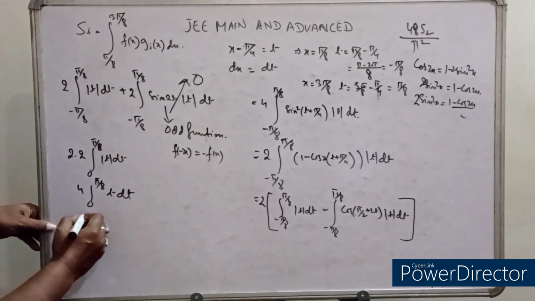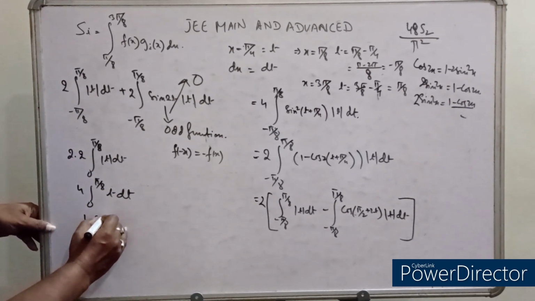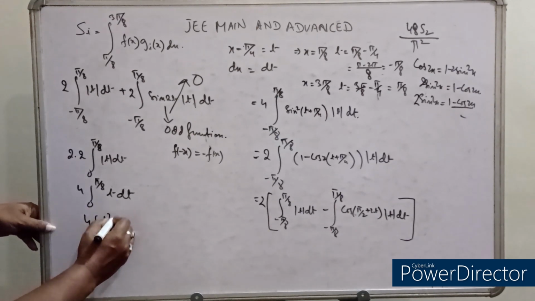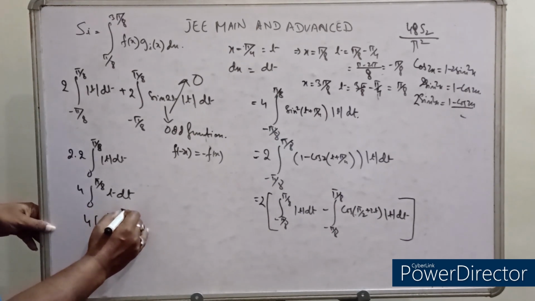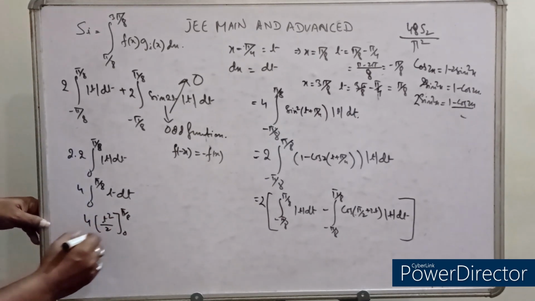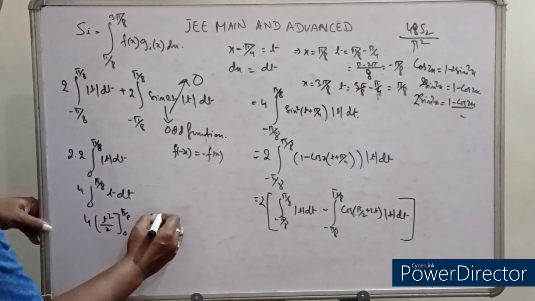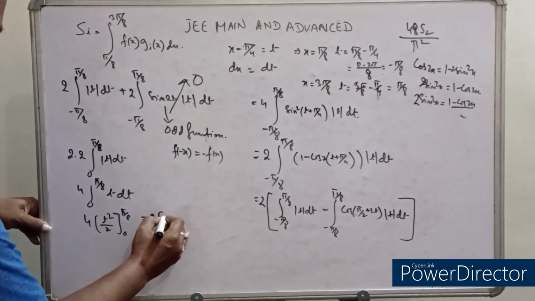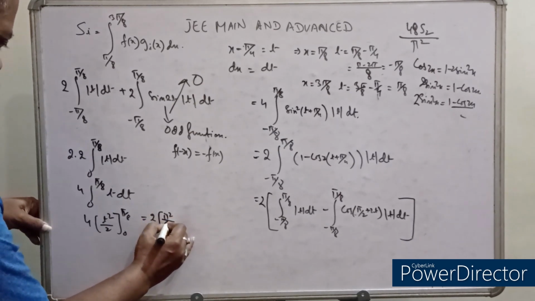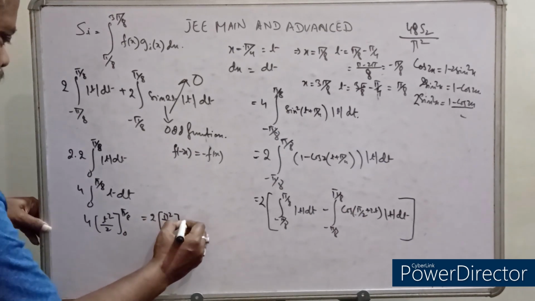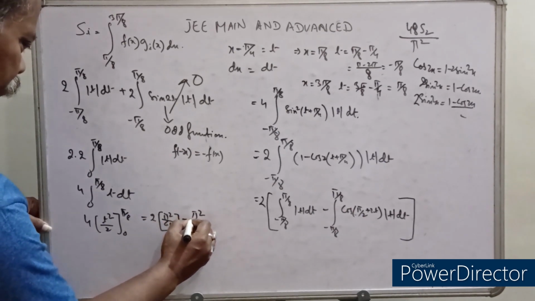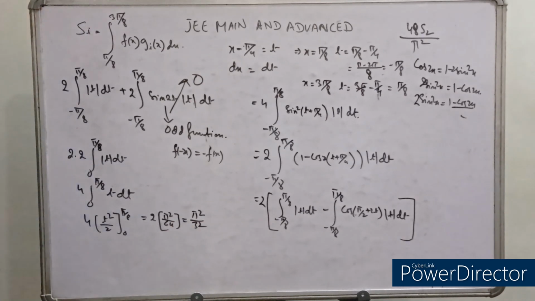So this comes out to be 4 times t square by 2, 0 to pi by 8. So 2 cancels out, and t square is pi square by 64. This 2 cancels out, and this will be pi square by 32. So you have got the value of S2.